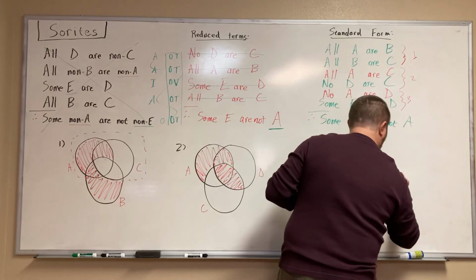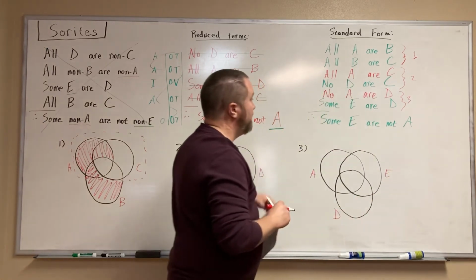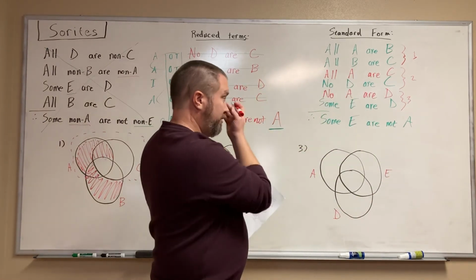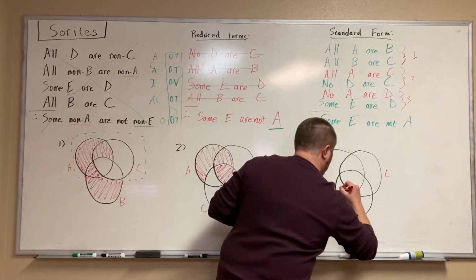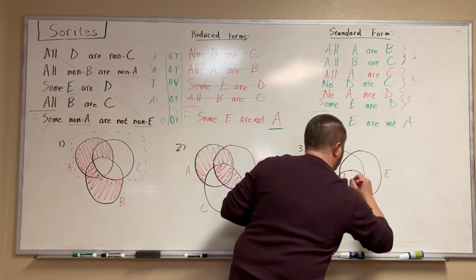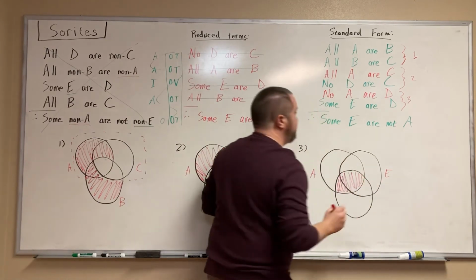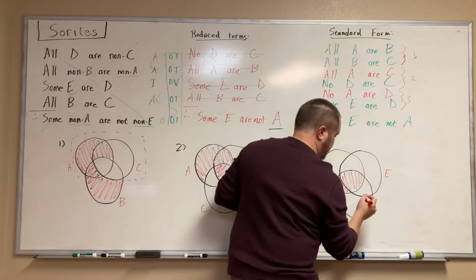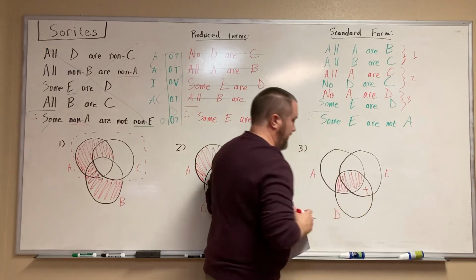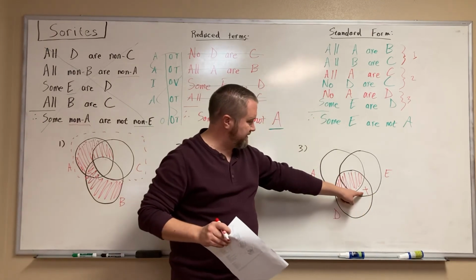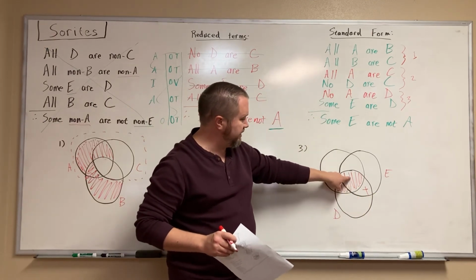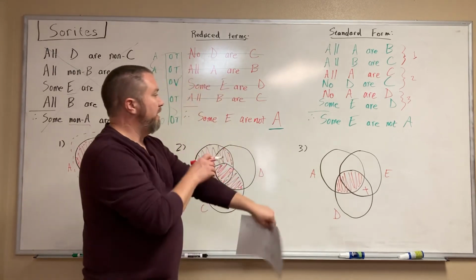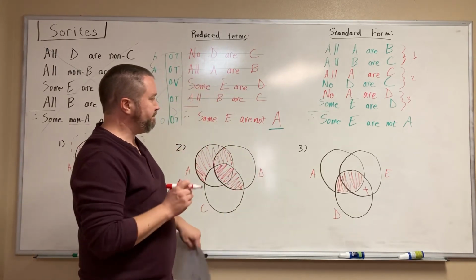A and E. We have no A are D. We're going to shade out the football between A and D. Some E are D. So that X is going to go down in that space right there. We've already shaded out the other half right there.